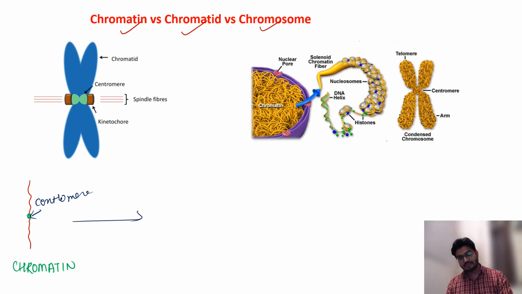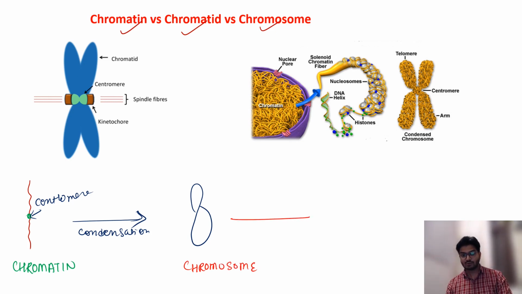When there is condensation, compactness, then this chromatin forms this. So this is a chromosome.